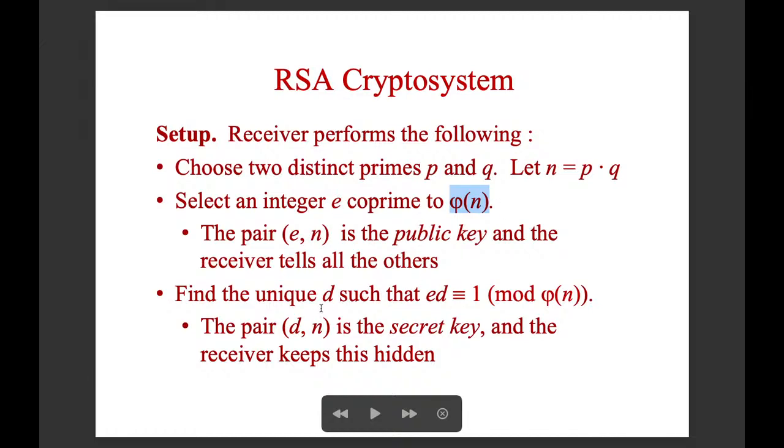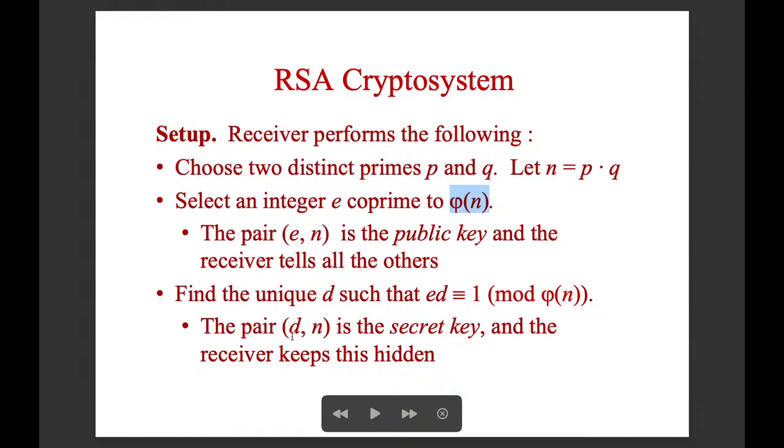Let's call d the inverse. And then the receiver will keep d and n secret, and will not announce them to the public. Everyone who wants to send a message knows e and n, but only the one who is going to receive the message knows the value of d.